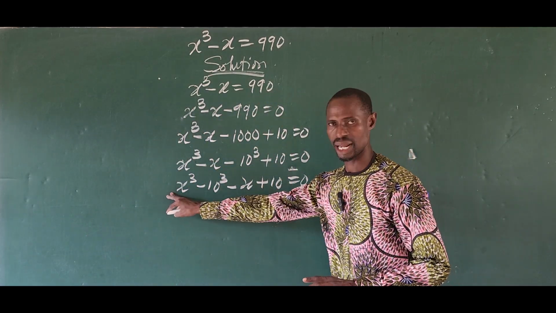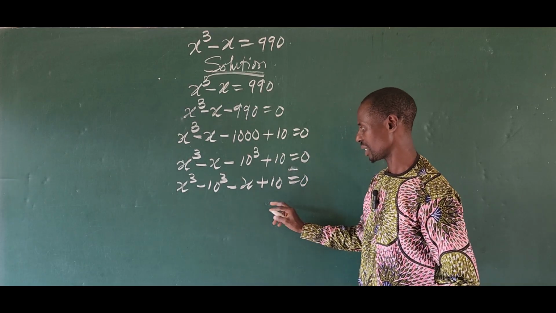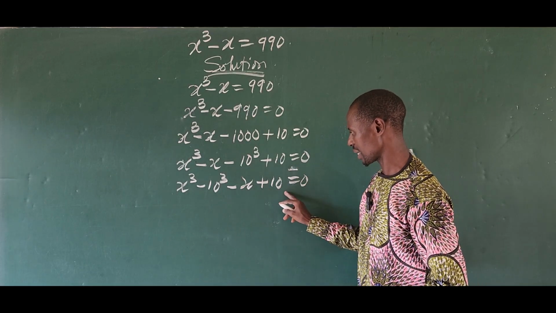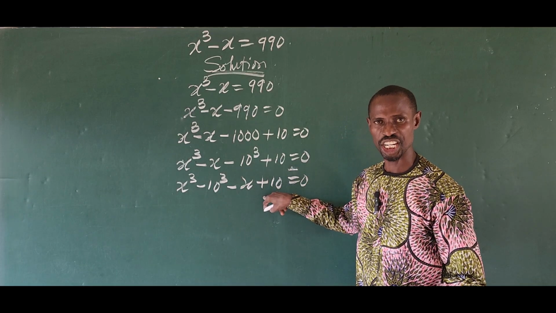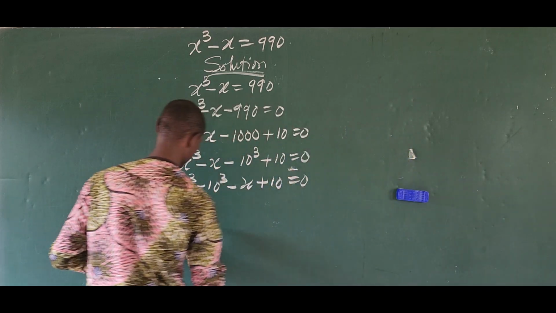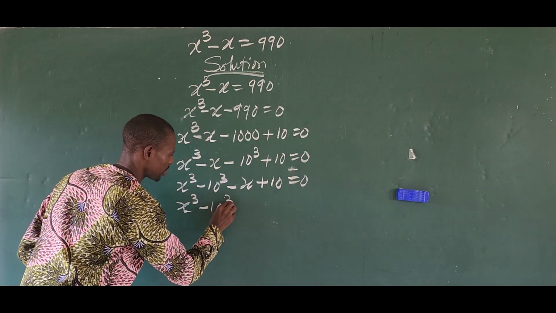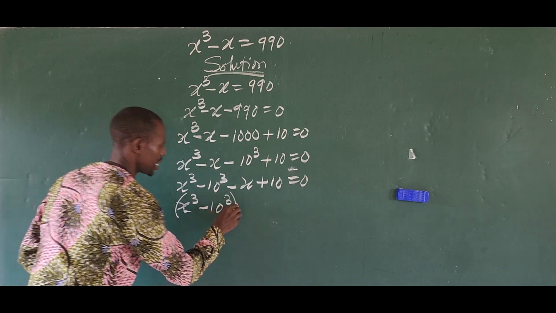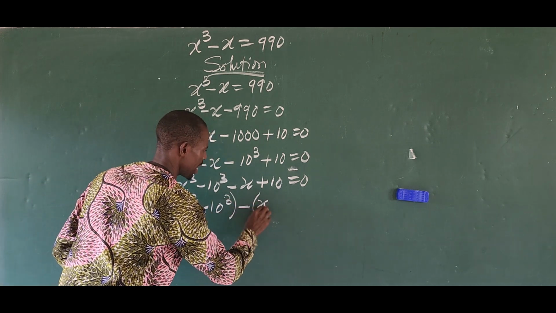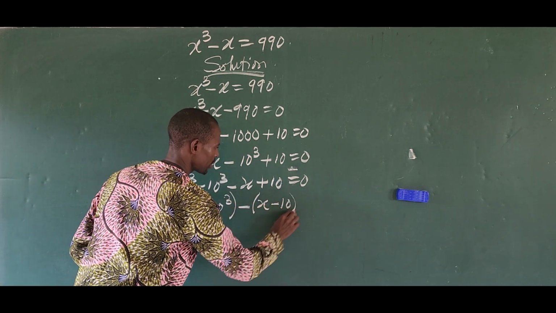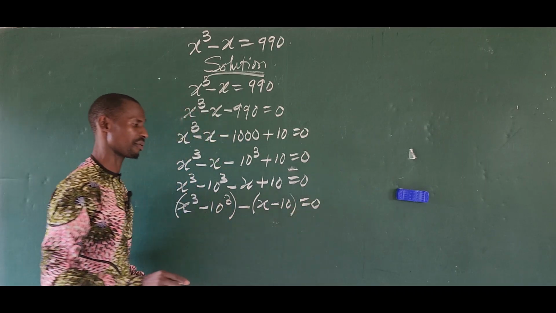We can put this in bracket and also put this in bracket. Remember, if we put this in bracket, then this sign will change. So let's go ahead and put them in bracket. So we're going to have bracket x to the power of 3 minus 10 to the power of 3 close bracket, then minus bracket x minus 10 close bracket equal to 0.